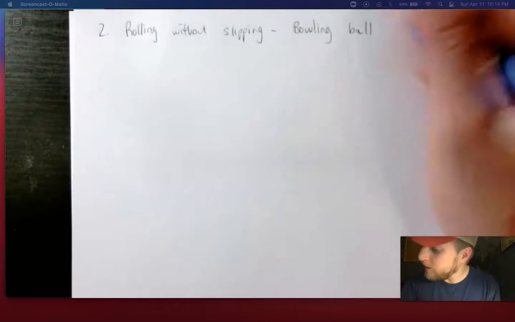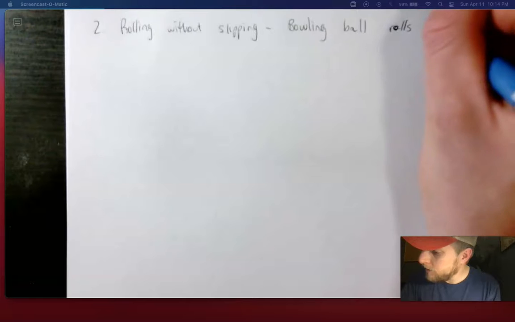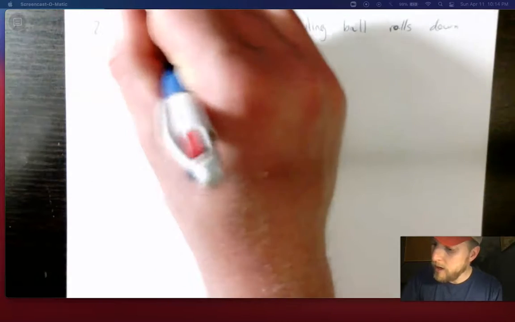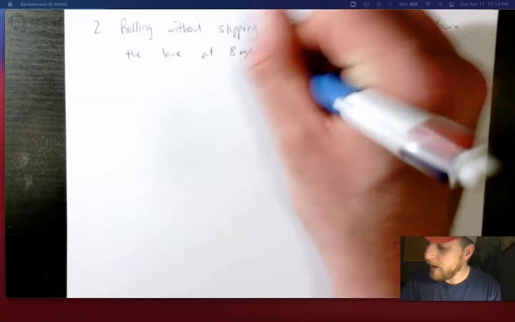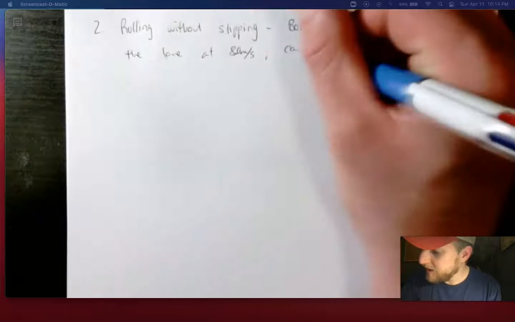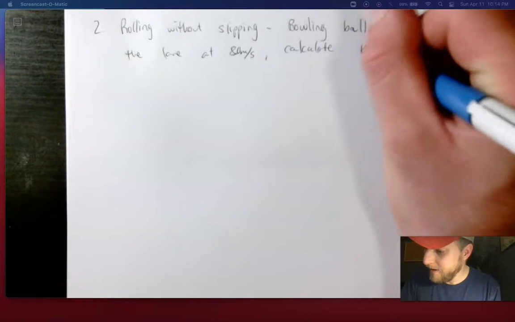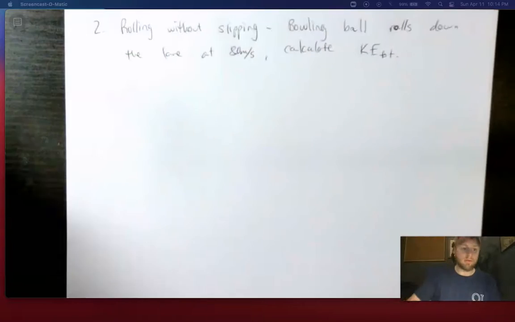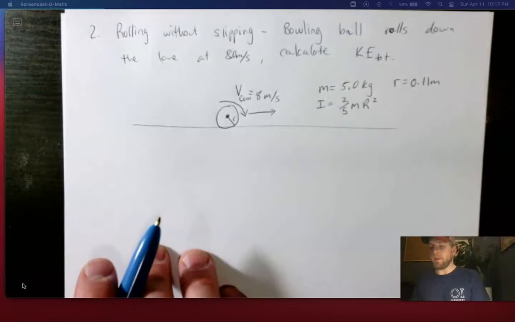So we'll say the bowling ball rolls down the lane at 8.0 meters per second, for some sig figs. Calculate KE total. I've drawn a rough sketch of what that looks like.